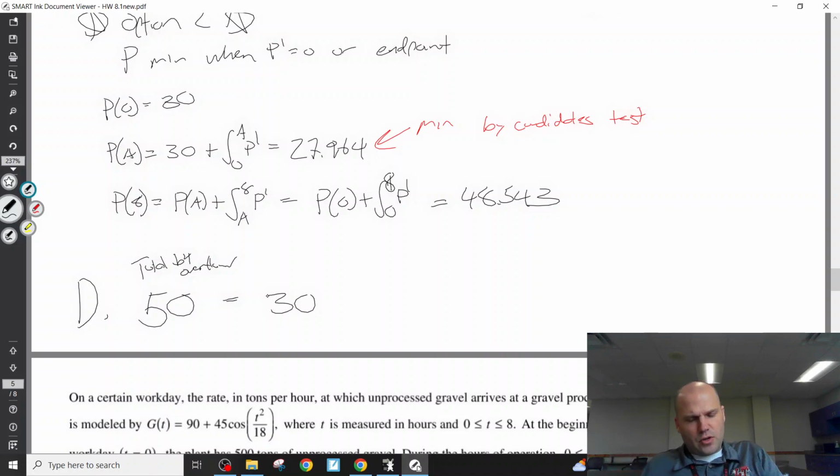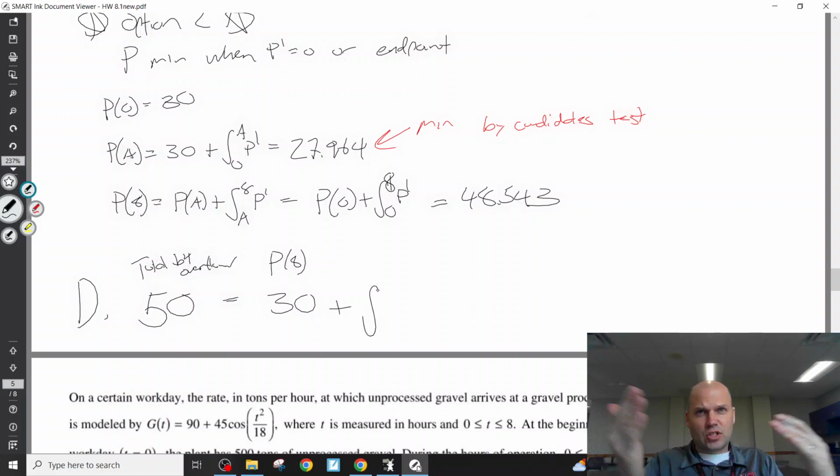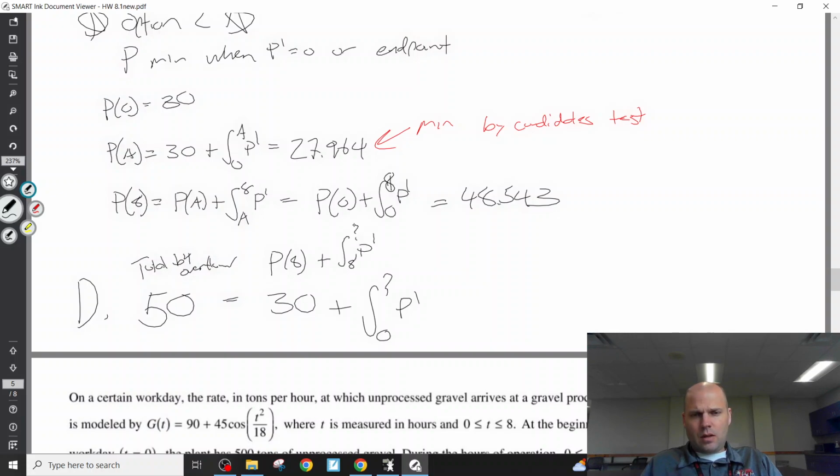You could either start at 30 or you could start at P of 8 if you wanted to. 48.543, and you can either have this as separate integrals as 1, from 0 to some number, my displacement. Or here, you'd be adding from 8 to some number, the area under your derivative, your displacement. Well, what is that number?